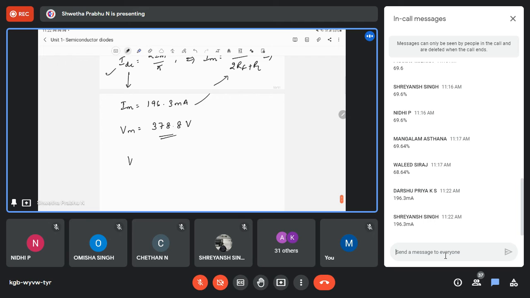So, you know the secondary voltage V2 is equal to Vm by root 2. This is basically RMS.